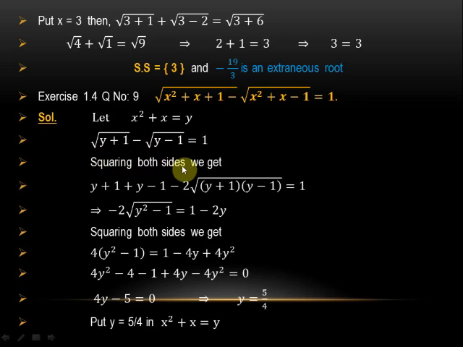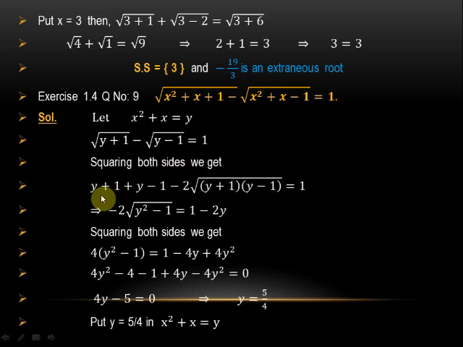Squaring both sides, we get square of the first term, square cancels with square root, we will get y plus 1 plus square of the second term, y minus 1, minus 2 under root y plus 1 into y minus 1 is equals to square of 1 is 1.